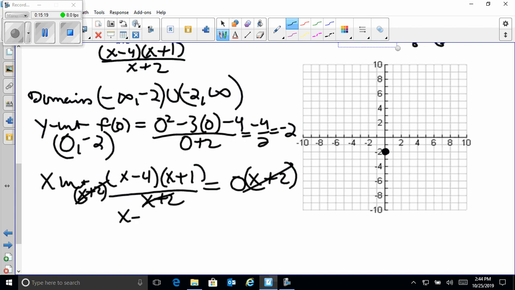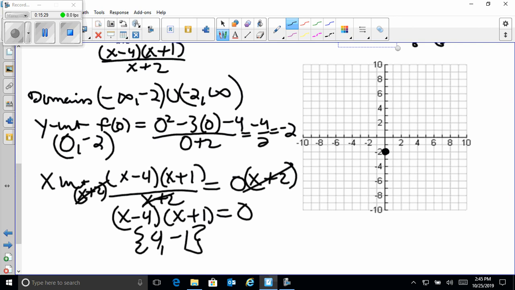Then looking for x minus 4, x plus 1 equals 0, and that's 2 places, 4 and negative 1. So that gives me 2 more points, 4, 0, negative 1, 0. Right there.